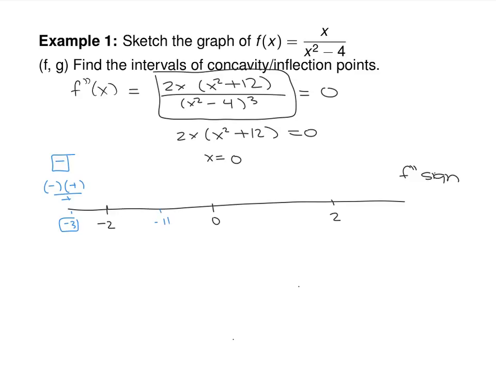Okay, how about a test number like -1? Negative, positive. What's -1 squared? +1 minus 4 makes -3, and then it's cubed. So it stays negative. Does that make sense?